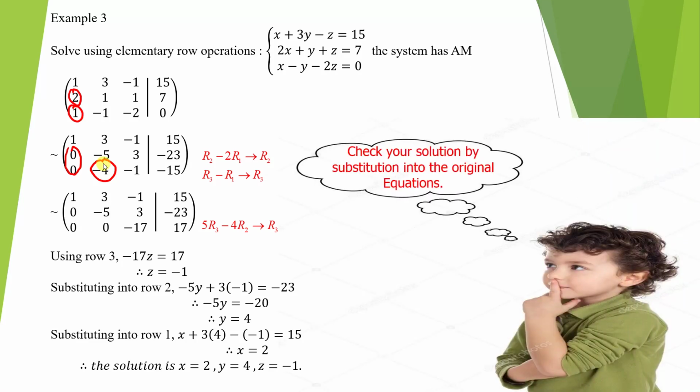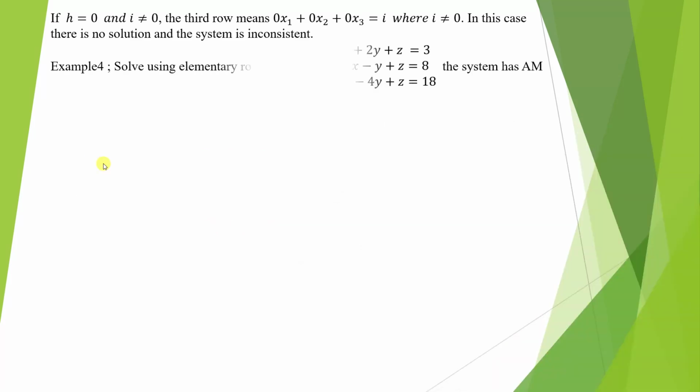So you can check the solution by substituting into the original equation. If h equals 0 and the constant is not 0, the third row means 0x1 plus 0x2 plus 0x3 equals that constant. So this case is no solution. The system is inconsistent.